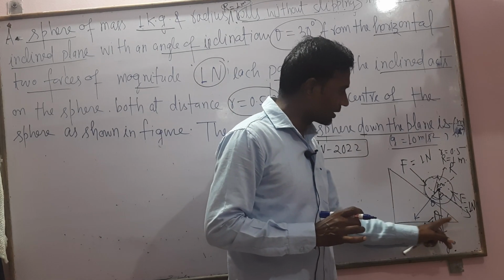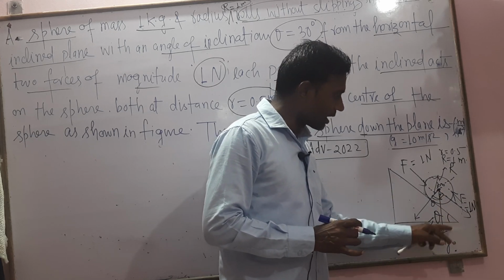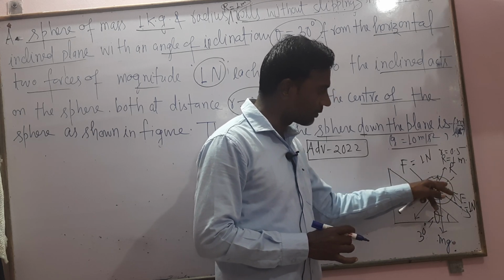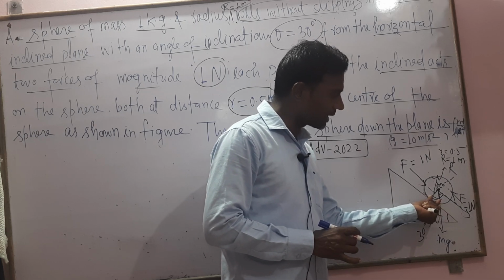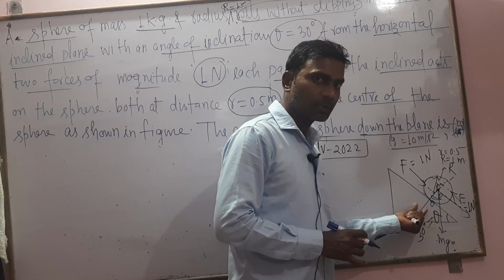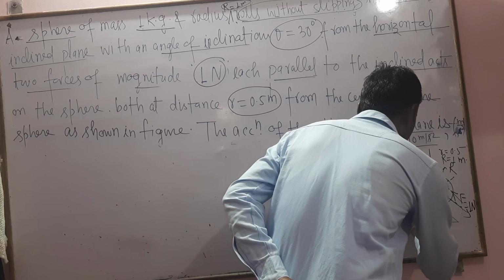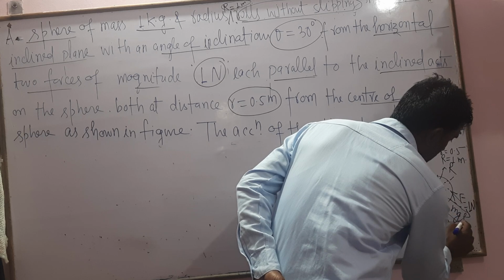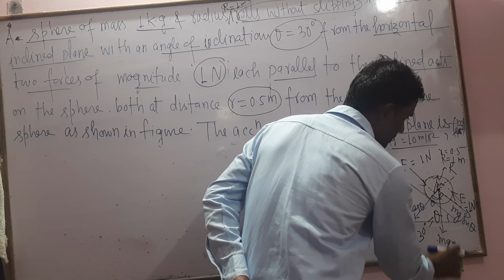This is mg, then mg cos theta perpendicular to the incline, and mg sin theta parallel to the incline.